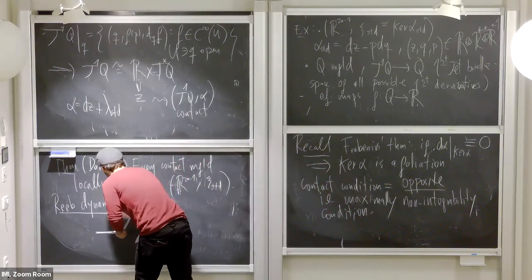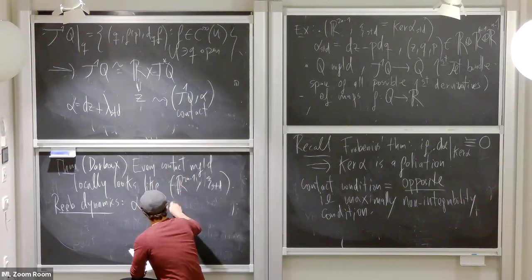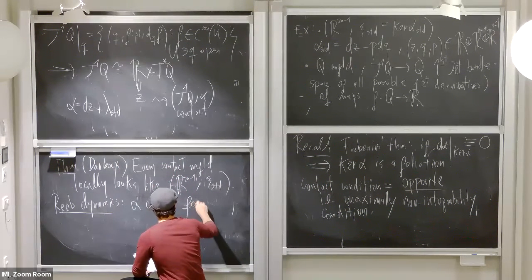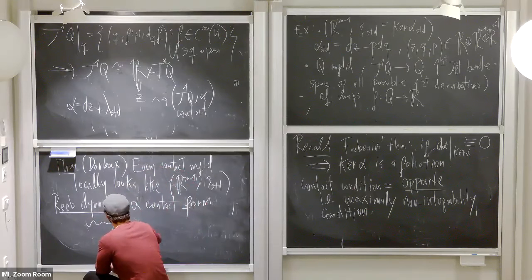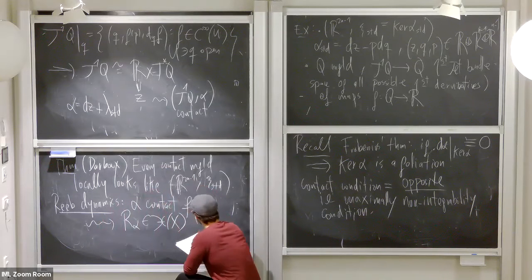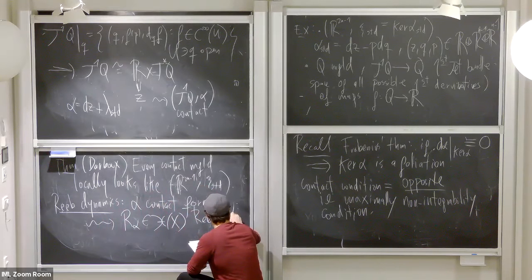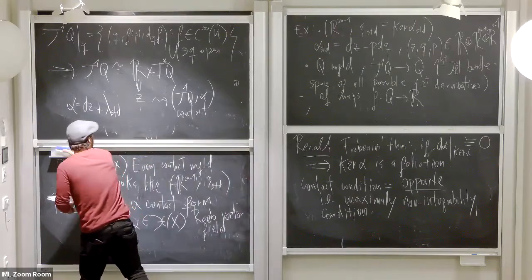You give me a contact form alpha, and I spit out for you a vector field R alpha, which is called the Reeb vector field. Similarly to the Hamiltonian vector field, it is defined in an implicit way.